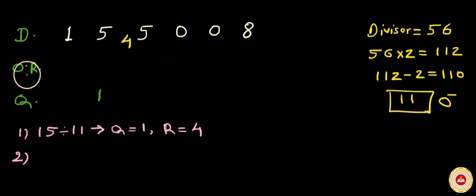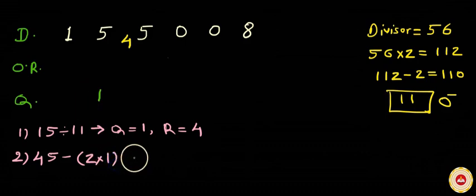Let us use this 45 to calculate the first osculation number, and let us write the osculation numbers in this row of osculation results. So 45 minus, see this is the negative osculation process, so we are going to subtract. What to subtract? 2 times the last quotient. 45 minus 2 is 43. This 43 is the first osculation number and is written below 45.